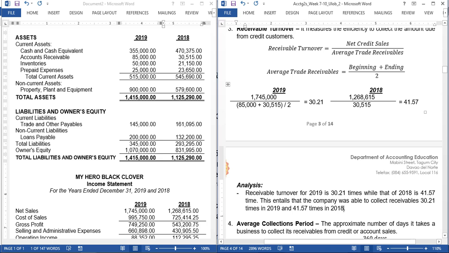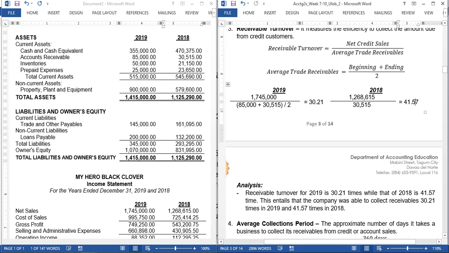Kumbaga, if you say 41.57 times, so, 41 ang tuyok niya. Cash, receivable, nahimong cash, receivable cash, 41.57 times. Kani, nibaba siya, which is, unfavorable sa side sa company, no? Kanina ang iyahang collection. So, maybe this entails that the company must improve their collection efficiency.